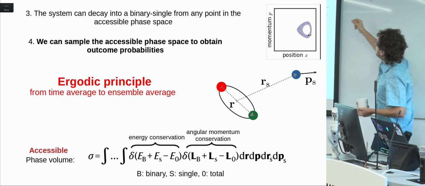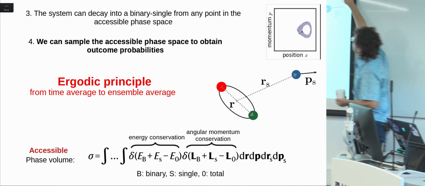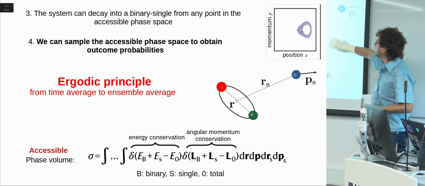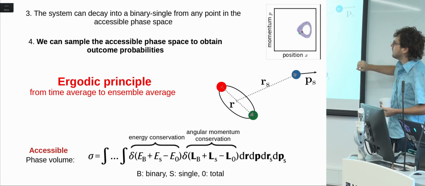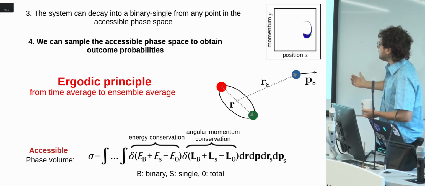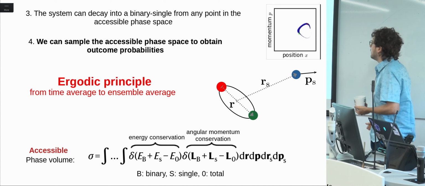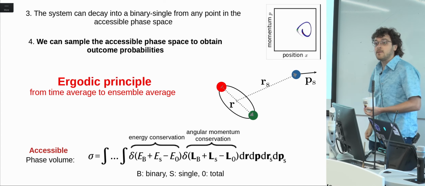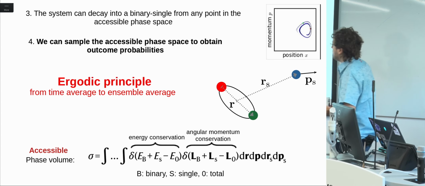And so we can simply find out what is the accessible phase space when the binary and the single decay, and sample from it as if it was a probability distribution. And this is the key idea of the statistical escape theories of the three-body problem.